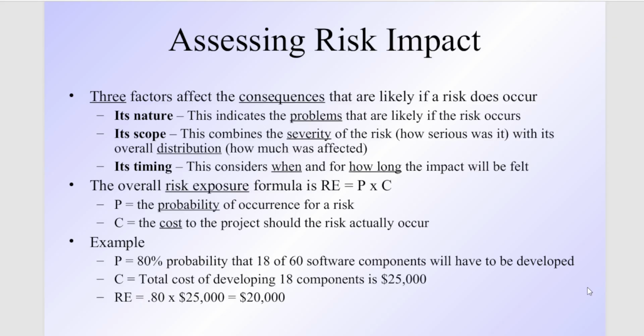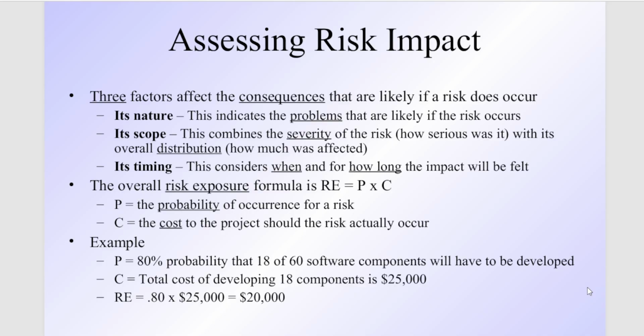This risk exposure is a product of two parameters: the probability, also known as the likelihood of the risk, and the impact, or the cost incurred when the risk happens. When we multiply these two, we get the total cost we need to invest if this occurs. Okay.